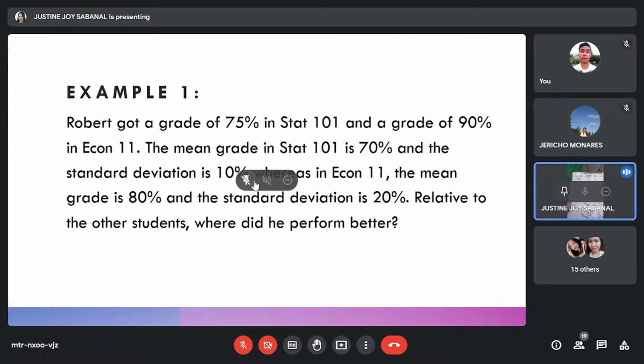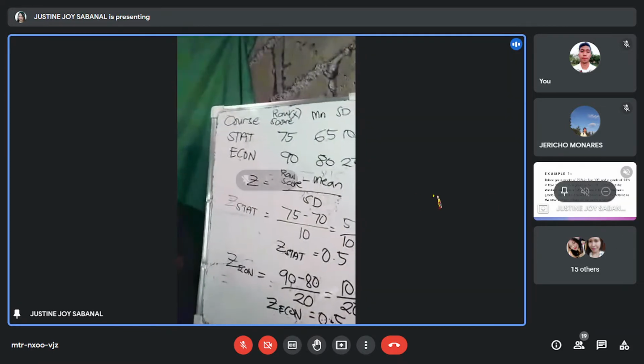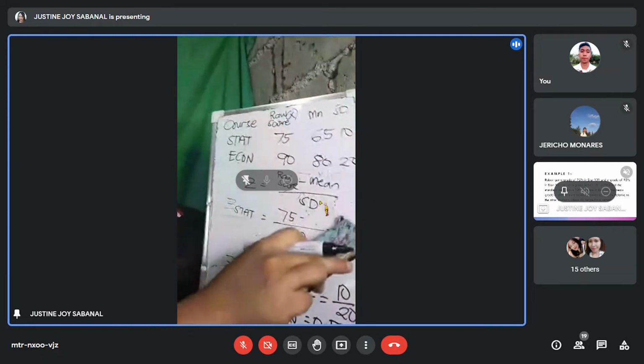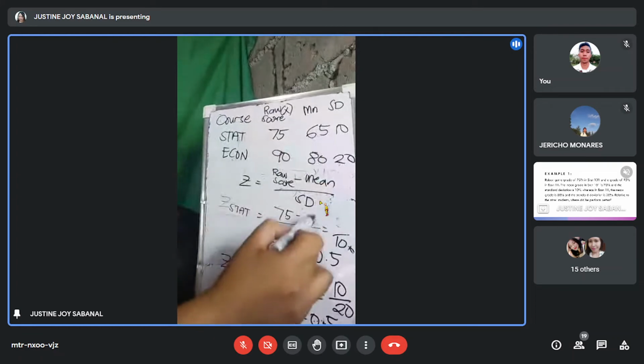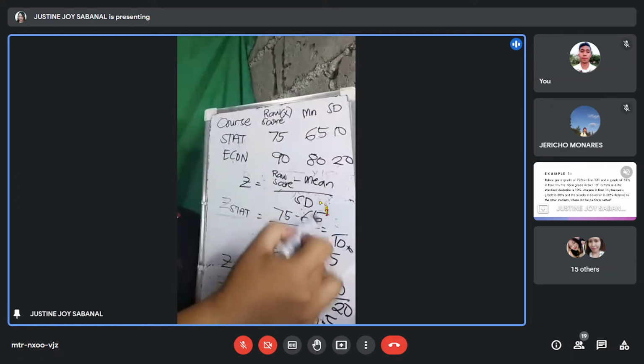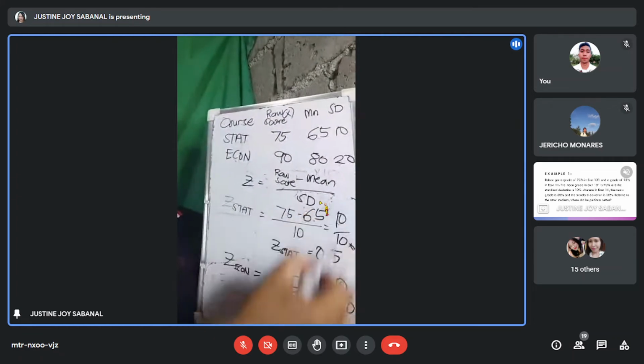So, what if sinabi nung teacher sa stat ay hindi pala 70 yung mean? Dapat pala yun ay 65. So, meron kayang pagbabago? So, try natin na i-check. So, now we have 75 minus the new mean, which is 65. So, that is 10 over 10.